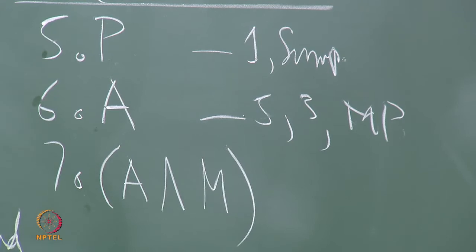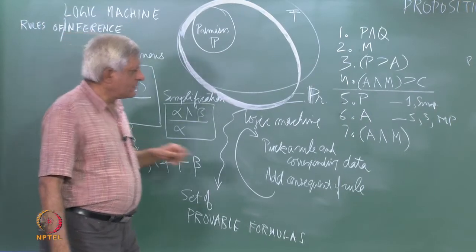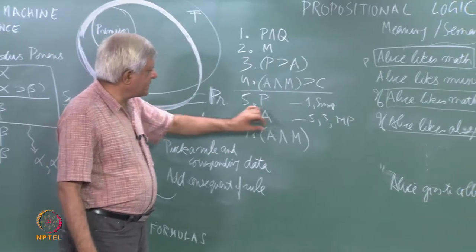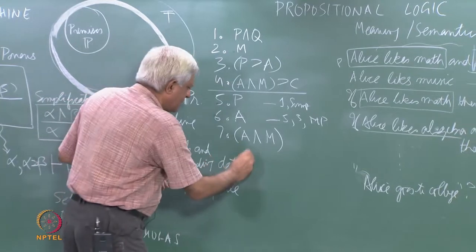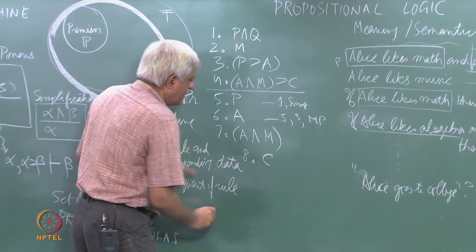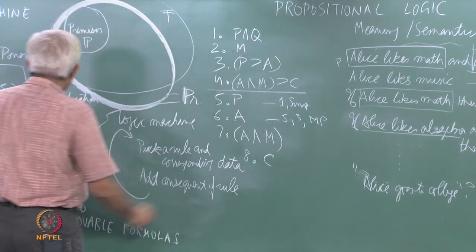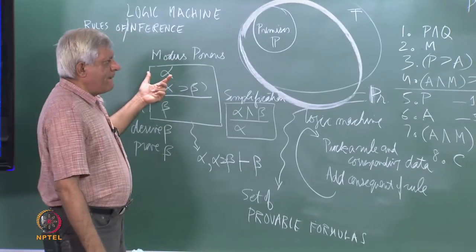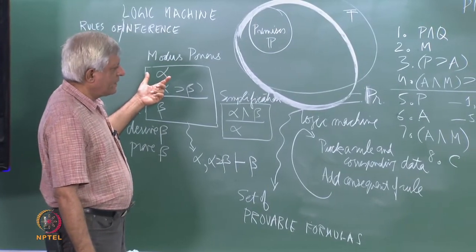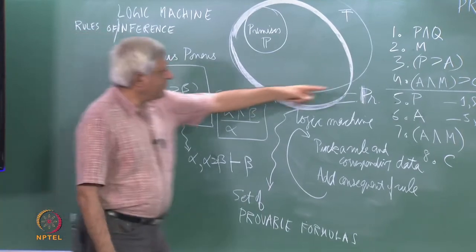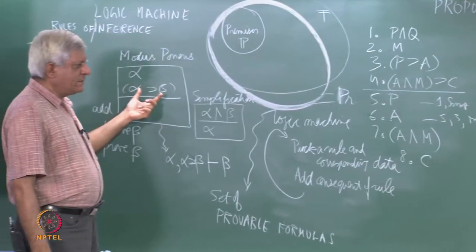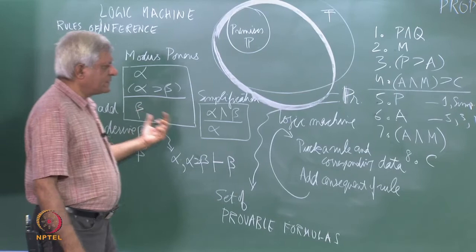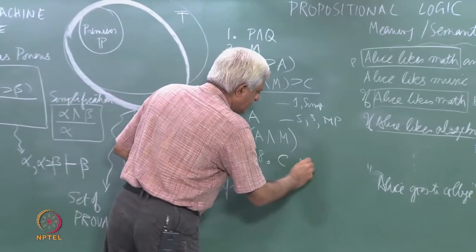You are familiar with this process, having studied geometry and algebra in school. Now I have got A and M by addition of A and M, and the last thing is C, because A and M matches alpha and A and M implies C matches alpha implies beta. So C matches beta, and I can infer C using modus ponens.